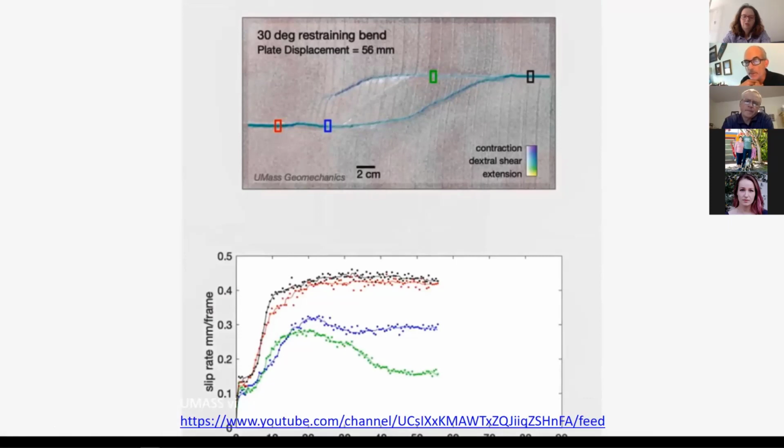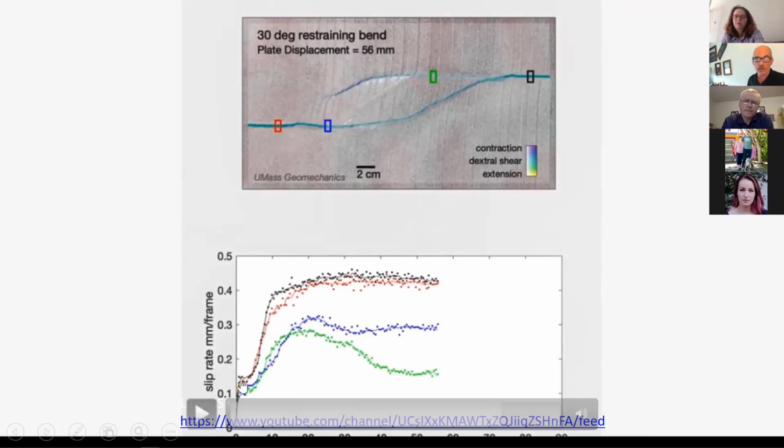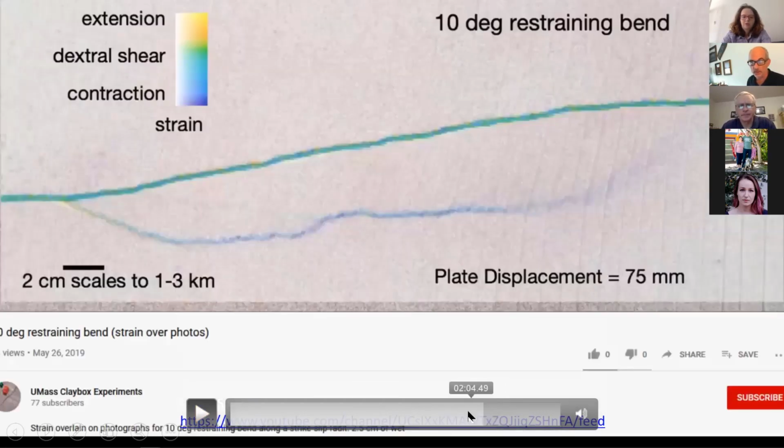Around this bend, look at the lower plot showing the slip rate at these different locations. What looks relatively simple, like a simple bend, actually has a very complex evolution in space and time as the faults grow and evolve. So let me just rewind this a little bit.